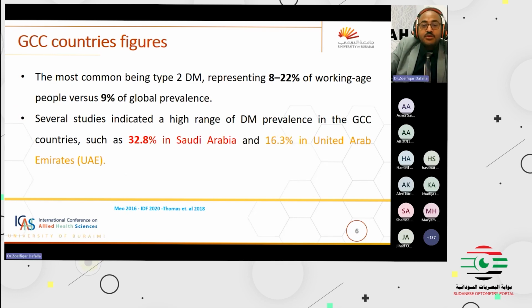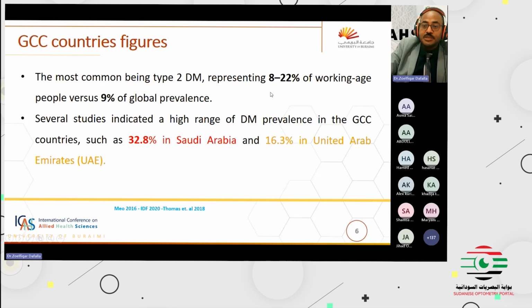In GCC, the most common type, according to the studies, is type 2 diabetes mellitus, representing around 8 to 22 percent of the working age population. That means this percentage excludes the ages after retirement; we speak about the working age.